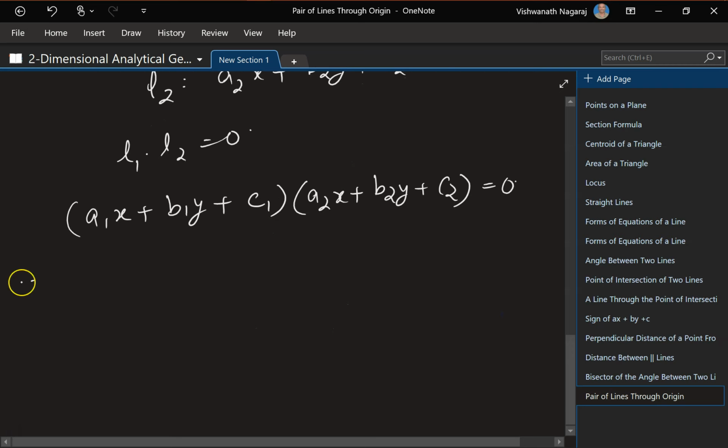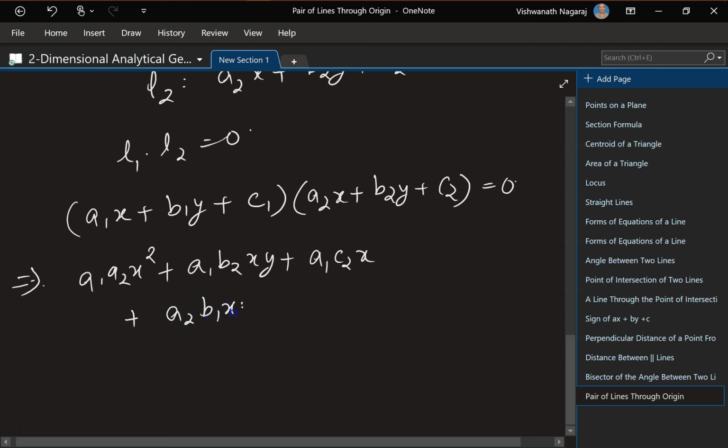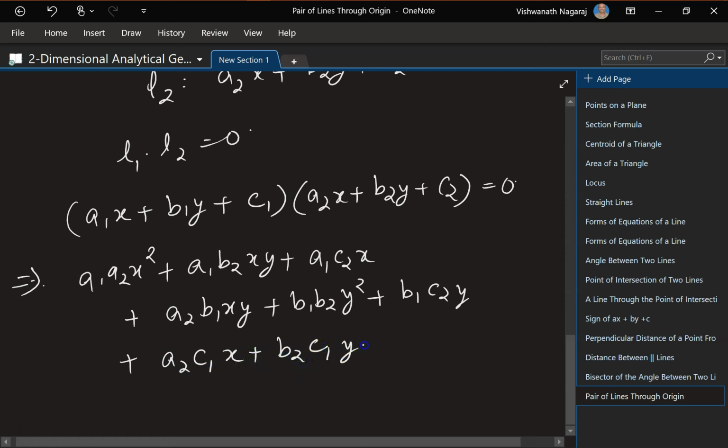Now let's expand this. a1 a2 x square plus a1 b2 xy plus a1 c2 x plus a2 b1 xy plus b1 b2 y square plus b1 c2 y plus a2 c1 x plus b2 c1 y plus c1 c2 equal to 0.